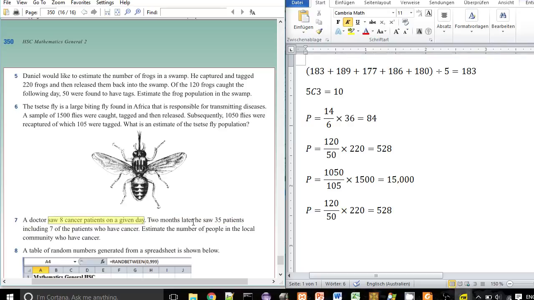Now, randomly, he sees, I'm guessing these patients have cancer, 35, wait, I'm just going to put the numbers in and then think about it. But yeah, so the 35 later, okay, including 7, it's about a fifth. So my estimate was 40.